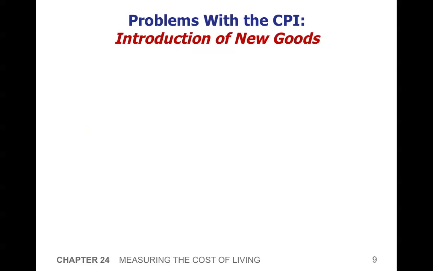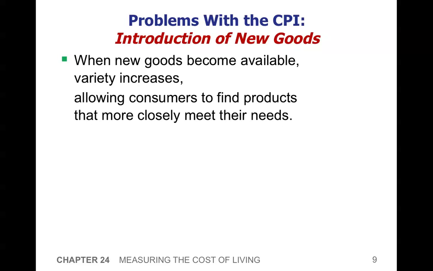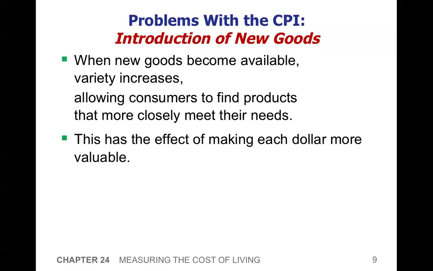Here's another problem, introduction of new goods. When new goods become available, variety increases, allowing consumers to find products that more closely meet their needs. This has an effect of making each dollar more valuable.